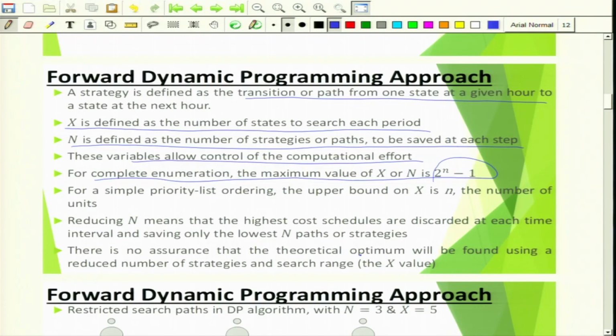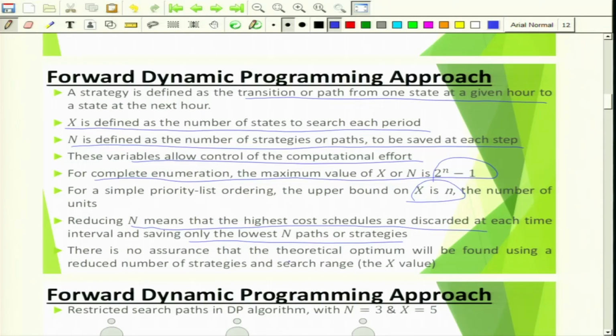For a simple priority list ordering, the upper bound on X is N, that is the number of units, and reducing N means that the highest cost schedules are discarded. Those states which give the most uneconomical solutions, we just discard at each time interval, saving only the lowest N paths or strategies.